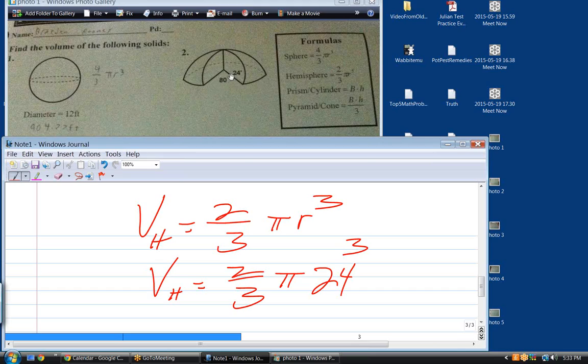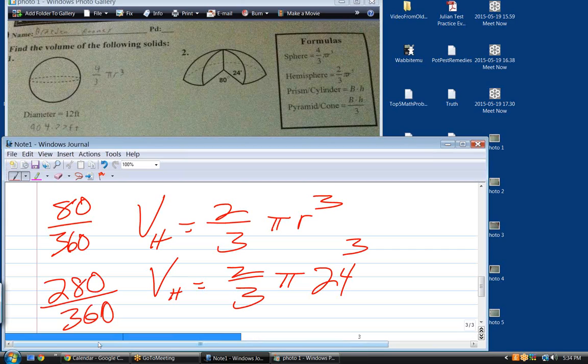Well, if that was 90 degrees, we would be missing exactly 25%, because what we do is we put that angle divided by 360. That's what we're missing. Well, in this case, it's 80 divided by 360. Which means the amount of the hemisphere we still have is 280 divided by 360.